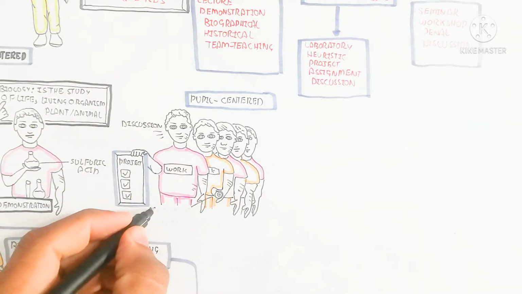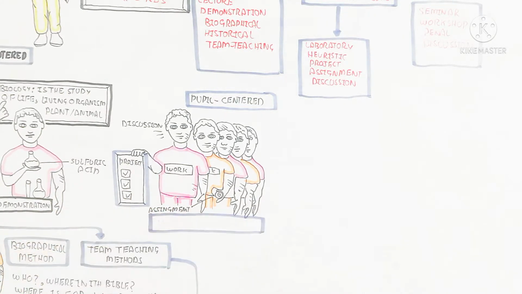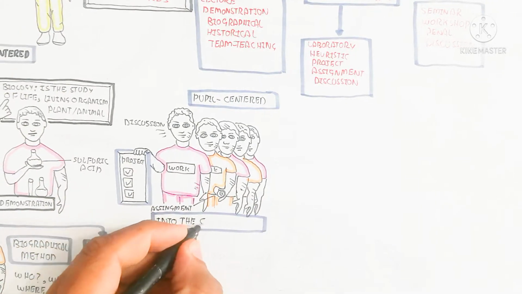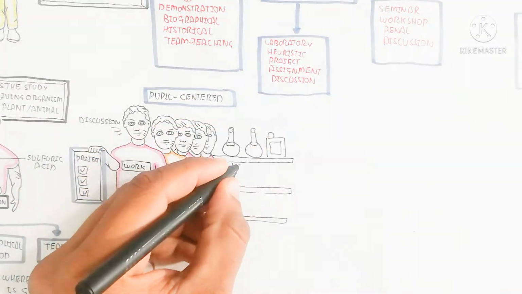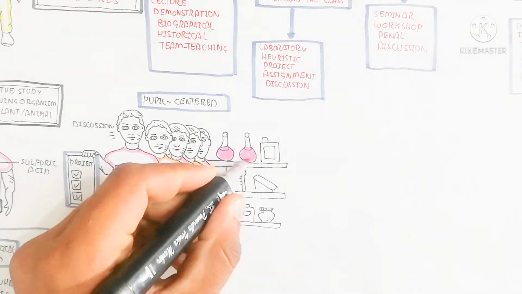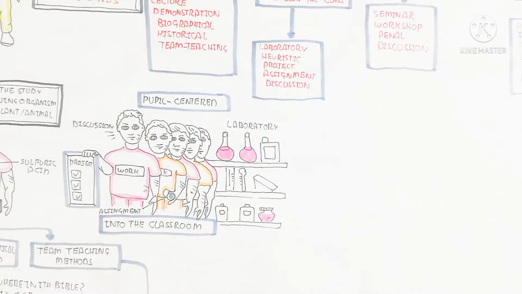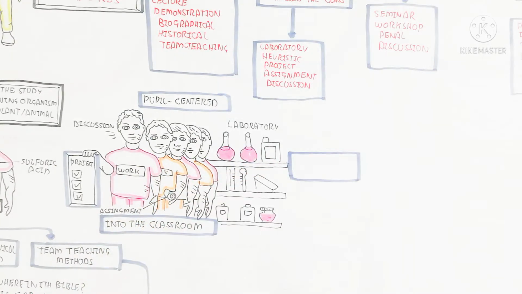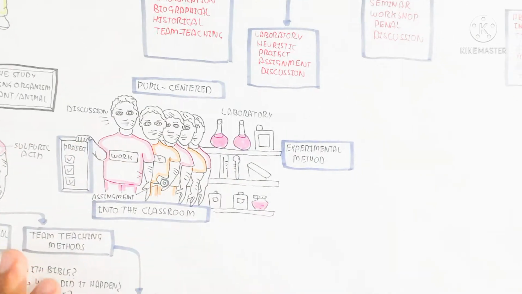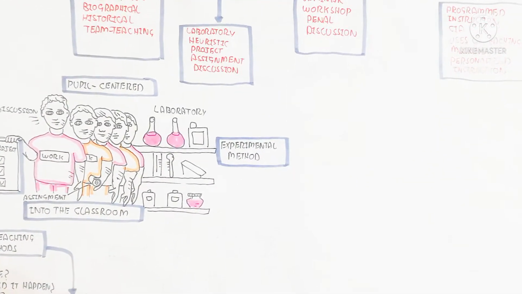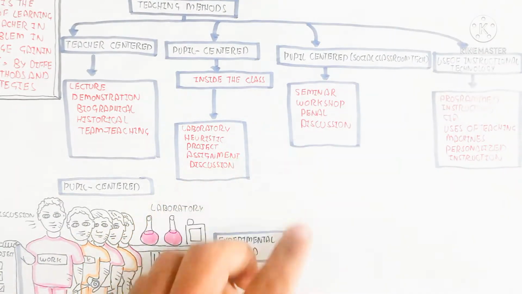For example, discussion with each other in the classroom, and making a project as well as an assignment. Also working together in the lab, where the experimental method is known as working in the lab together through pupils. This is pupil centered because the teacher provides the task, and the pupils work with each other. Pupil means the students.